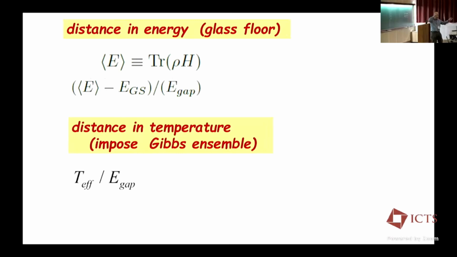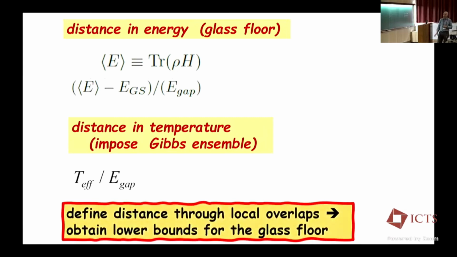And I force this distribution to be a Gibbs distribution. And then I can define some effective temperature, and I can define how low in temperature I can go. If I were able to steer, this temperature would be 0. So these are global distances. I can do better using local distances, but I will not have time to go into that.